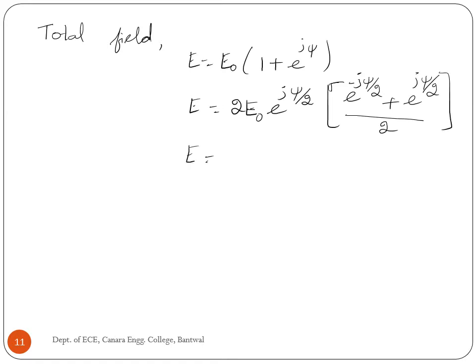Therefore, total field is equal to 2 E0 e to the power j xi by 2 cos xi by 2.